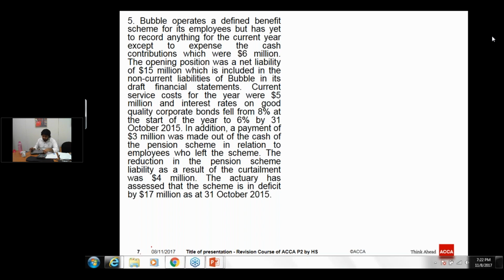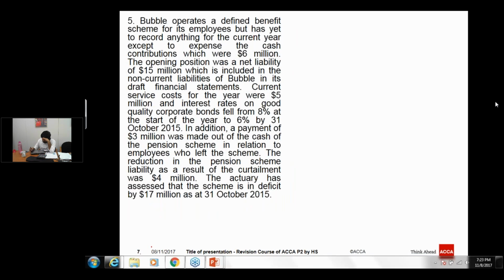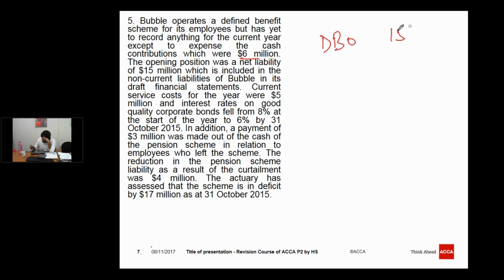Bubble operates a defined benefit scheme for its employees, but it has yet to record anything for the current year except for the cash contribution, which was 6 million. The opening position, net defined benefit obligation, is 15 million. It is included as a non-current liability of Bubble in its financial statement. Current year service cost is 5.